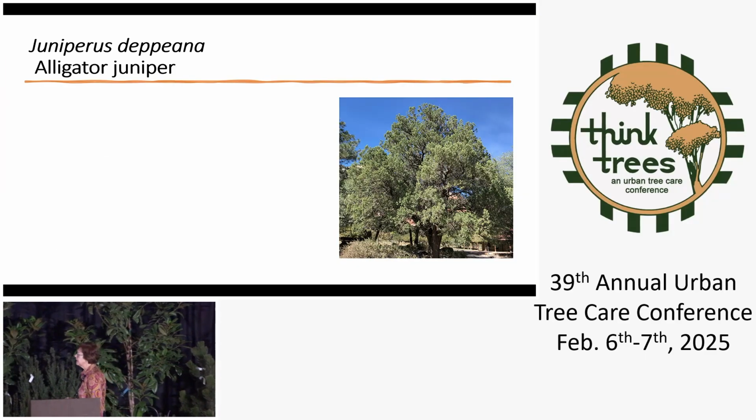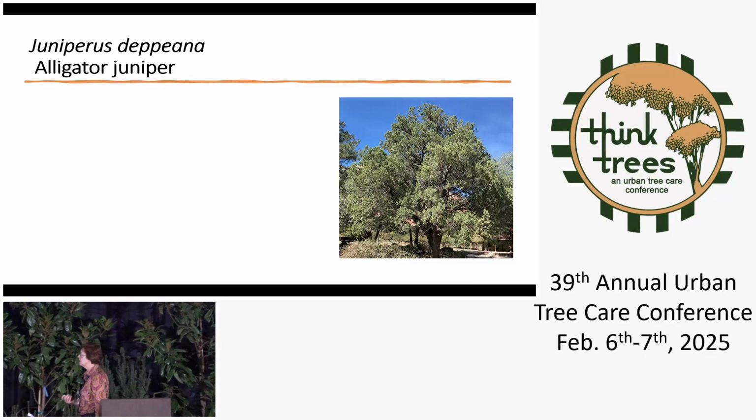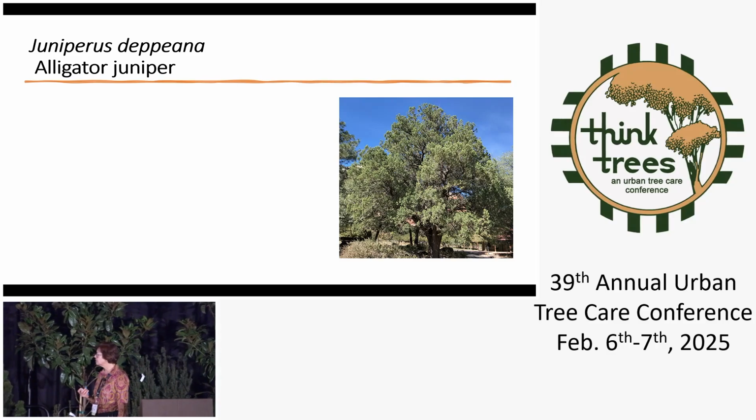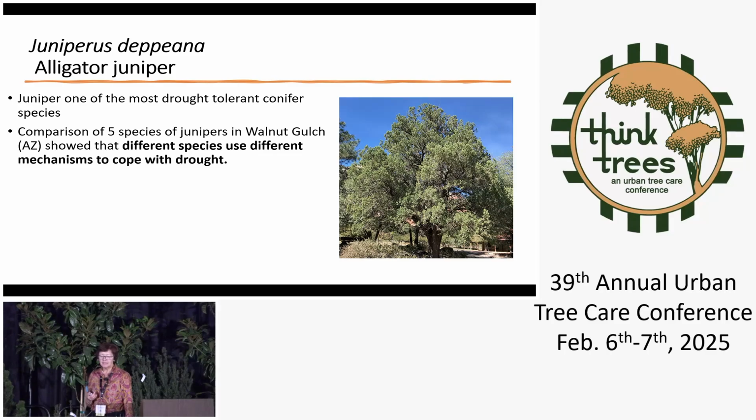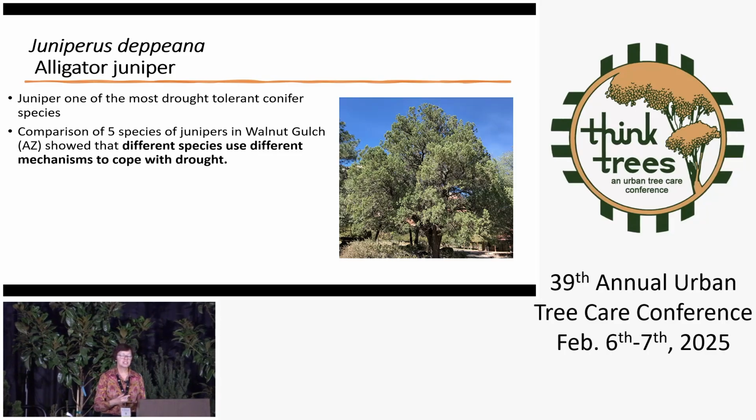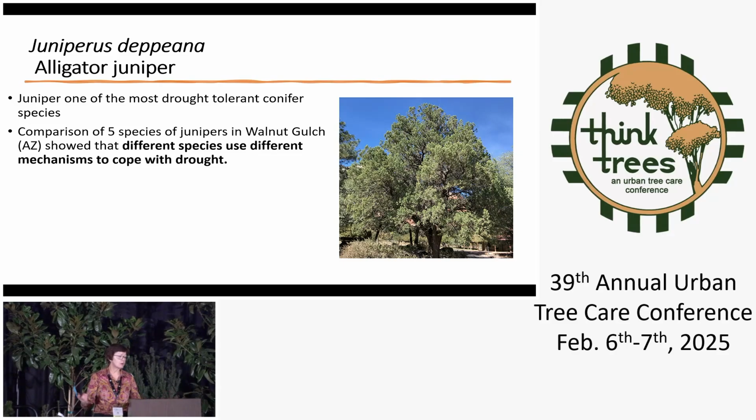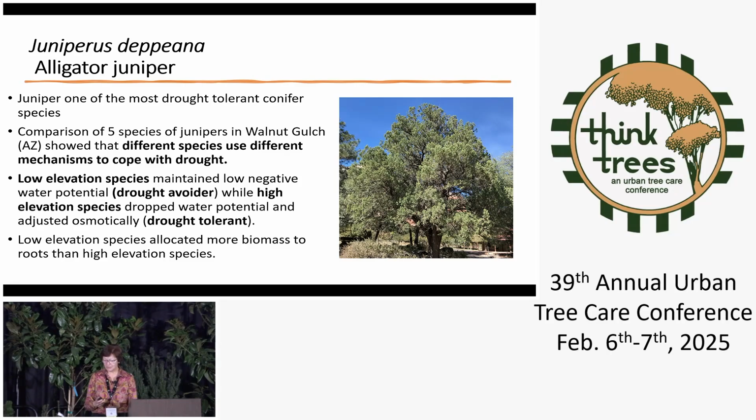So another plant that is actually phenomenal in terms of how much drought it can take is the alligator juniper. And this is one of the most drought-tolerant conifer species. Of course, it's widely grown here in the Southwest and in New Mexico. And in a study in Arizona, people found that different species of junipers use different mechanisms to cope with the drought.